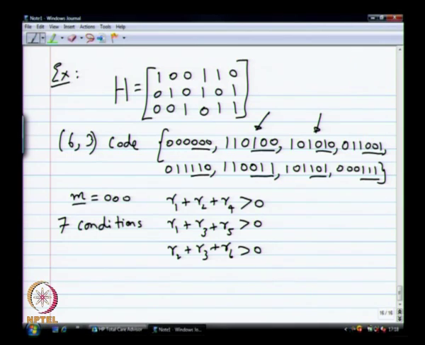You just have to do a correlation with this and compare it with that correlation. Wherever there is 0, you are going to cancel it out. Wherever there is 1, you are going to move it to the left side, and then you can write R2 plus R3 plus R4 plus R5 is greater than 0. Likewise, and there is no obvious way to combine any of it or make sense of any of it.